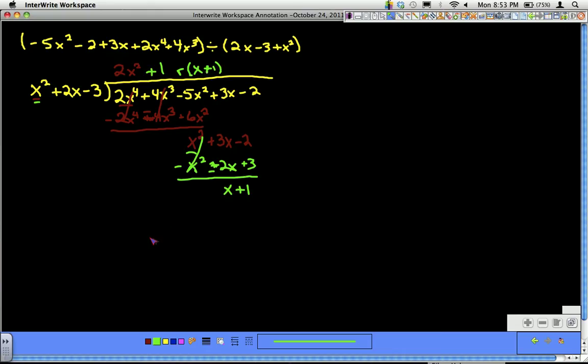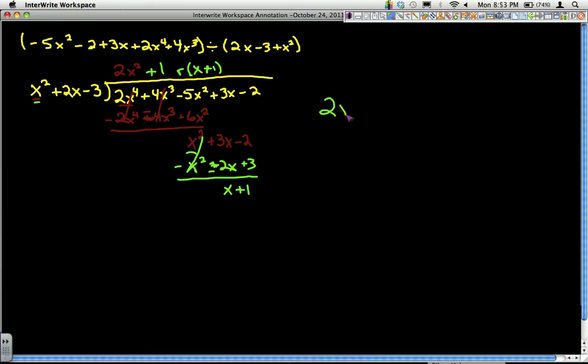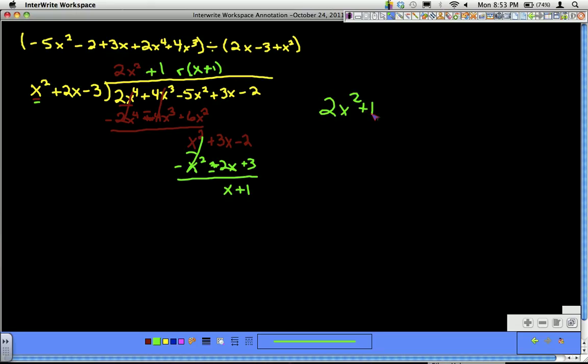Now the other way of doing this is taking our quotient here and doing it just like if we had our remainder over our divisor to make a fraction. So we could write this way for our solution. 2x squared plus 1 plus, and then our remainder x plus 1 is our leftover over the divisor, which was out front.